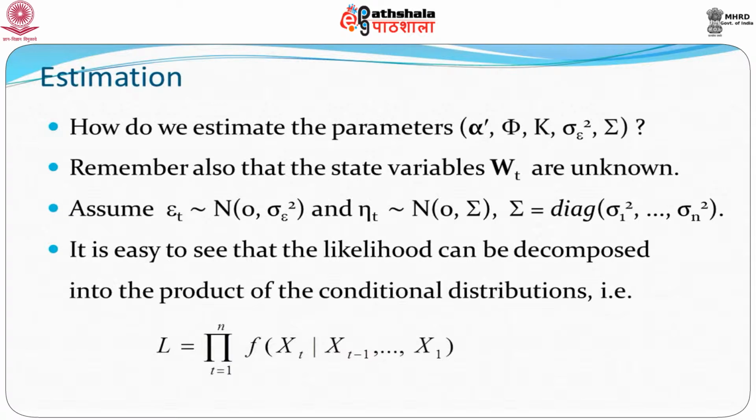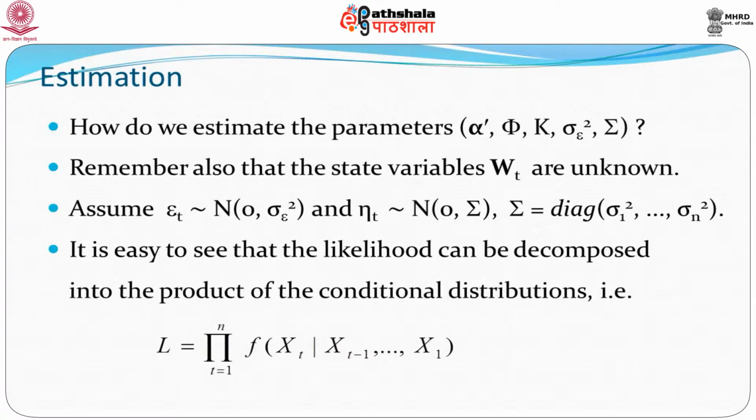The problem here is that the state variables wt themselves are unknown. So, in fact, we know nothing about the state equation. Everything in the state equation is unknown to us, and only the xt in the observation equation is known. So, how do you actually get the estimates of the parameters not only of the observation equation, but also of the state equations?